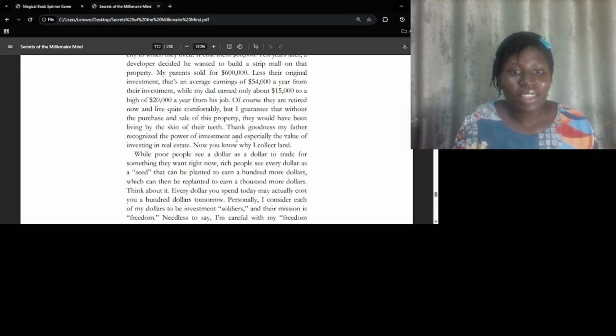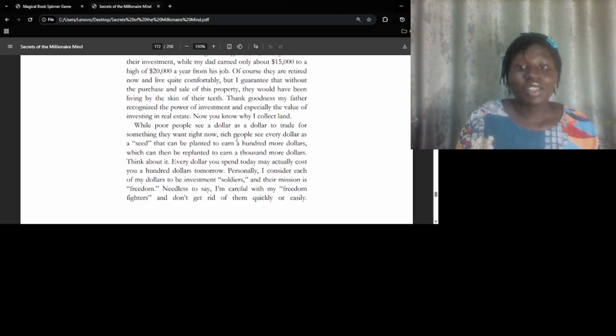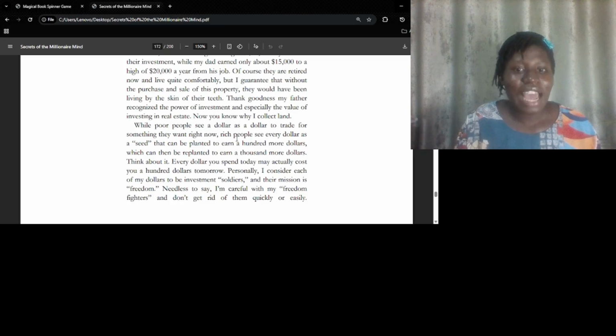Thank goodness my father recognized the power of investment and especially the value of investing in real estate. Now you know why I collect land. While poor people see a dollar as a dollar to trade for something they want right now, rich people see every dollar as a seed that can be planted to earn $100 more, which can then be replanted to earn $1,000 more.